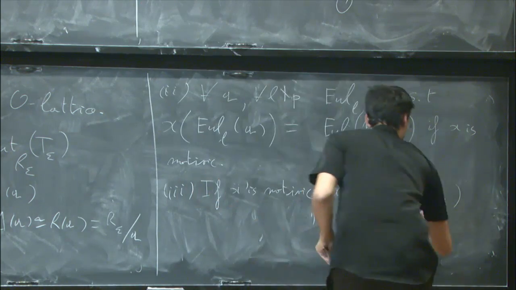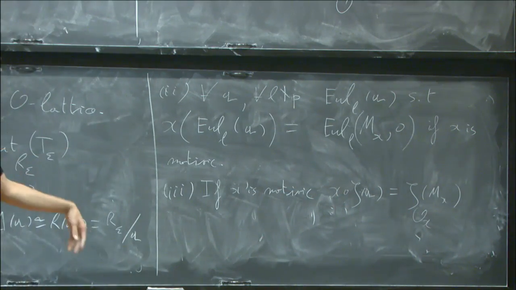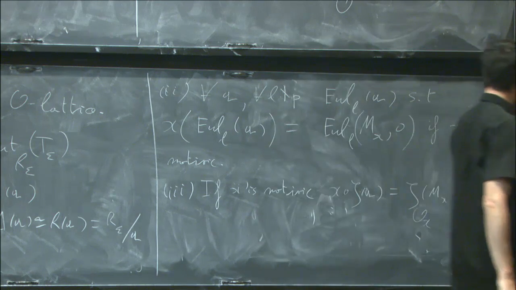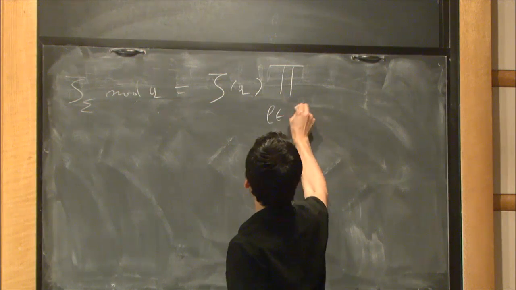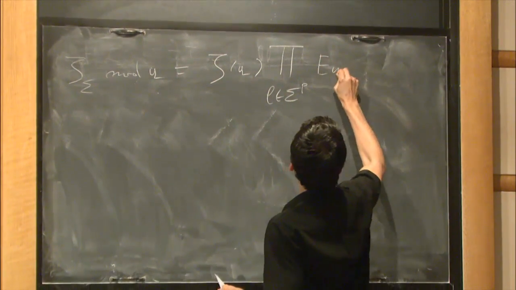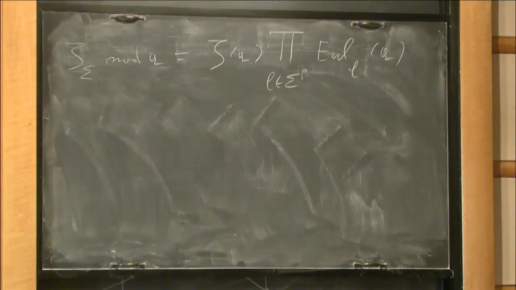So to keep comparable notations, I will make explicit the coefficients. If I reduce zeta_sigma modulo A, then that should be zeta_A times the product of the Euler factors at A. Exactly as in the case of Emerton-Pollack-Weston.